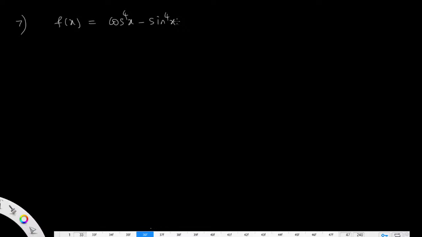F of x equals cos power 4x minus sin power 4x. What are the maximum and minimum values of this function? It is also in the form of higher powers, so you can write it conveniently as cos square x whole square minus sin square x whole square.